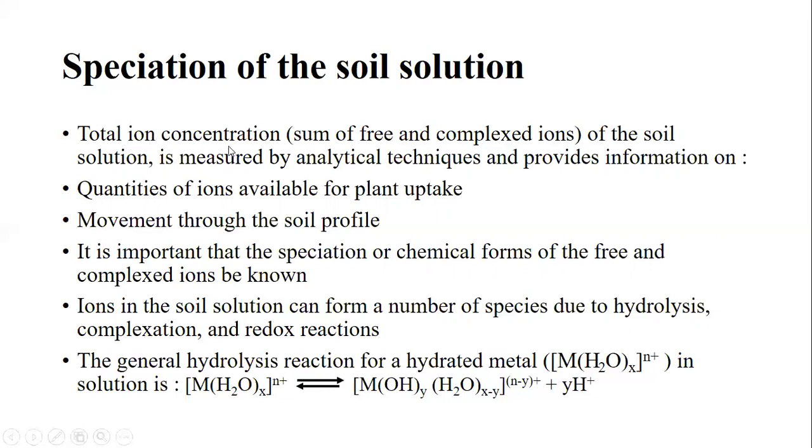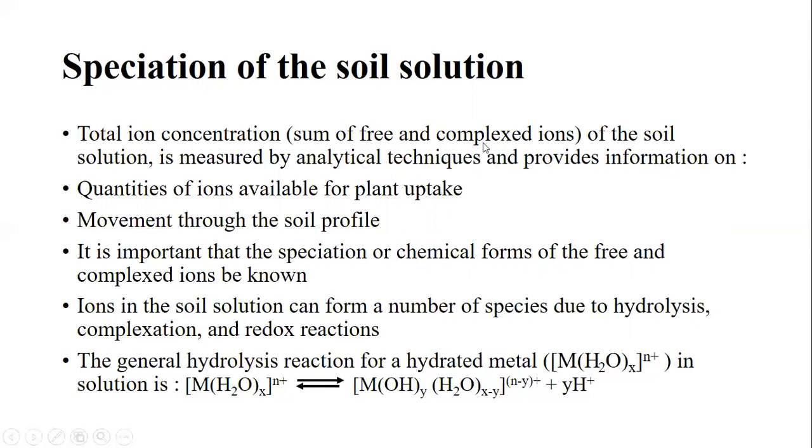So this is our purpose. In this chapter, we'll see how we can find from this total the different forms, the different species of that ion in the soil solution. The total ion concentration is measured by analytical techniques in the laboratory, and it provides information.